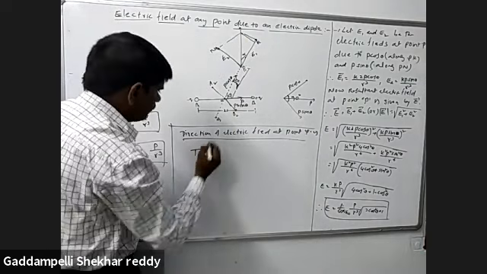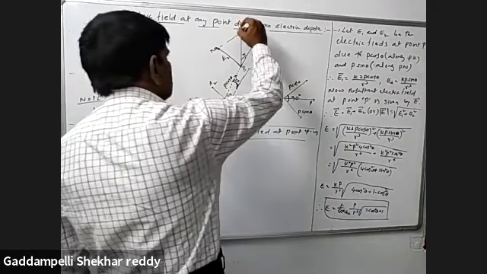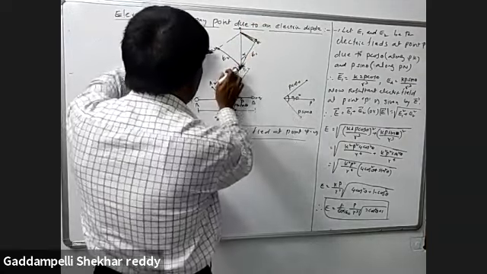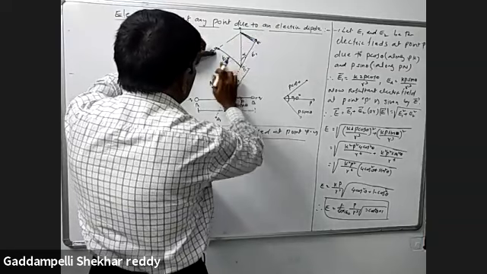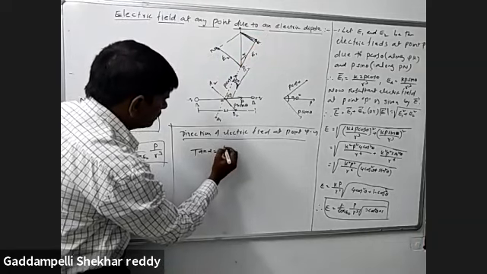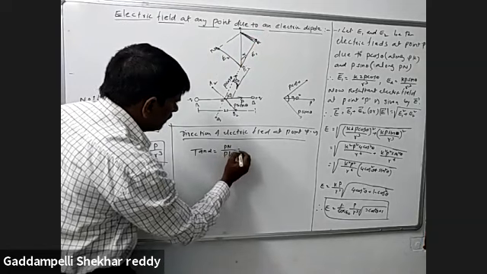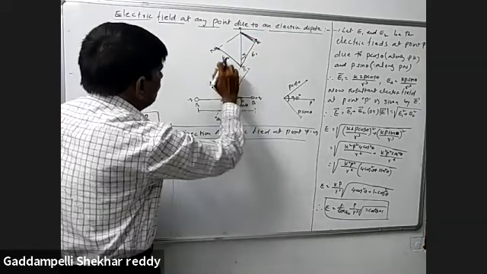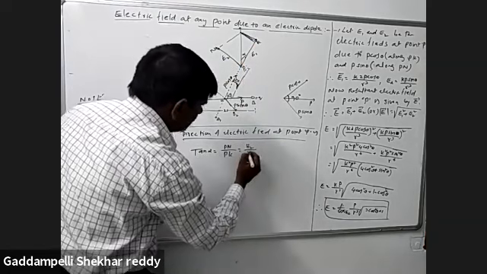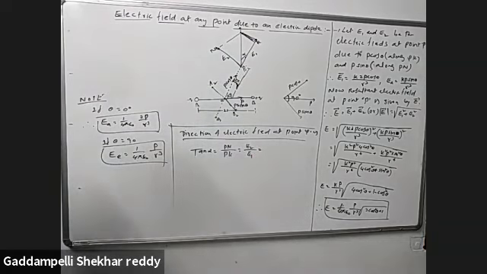Tan alpha is equal to the opposite side by the adjacent side. The opposite side is PN and the adjacent side is PK, so tan alpha is the opposite field E2 by the adjacent field E1.